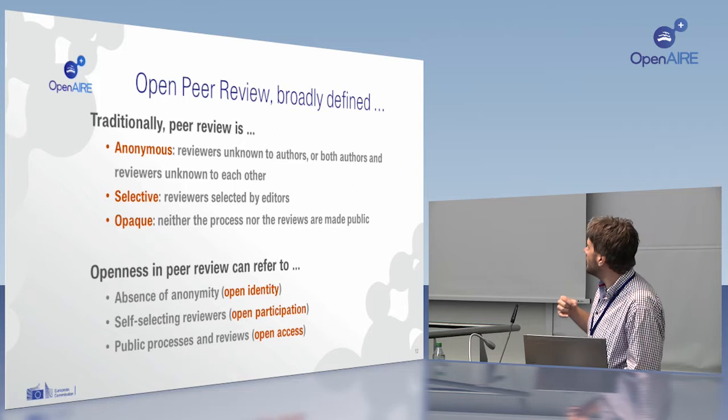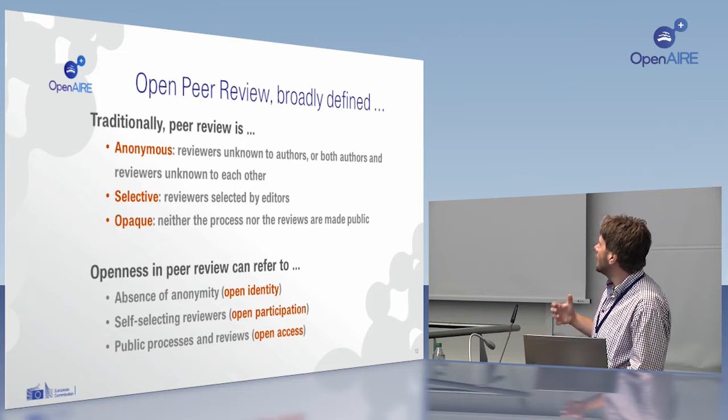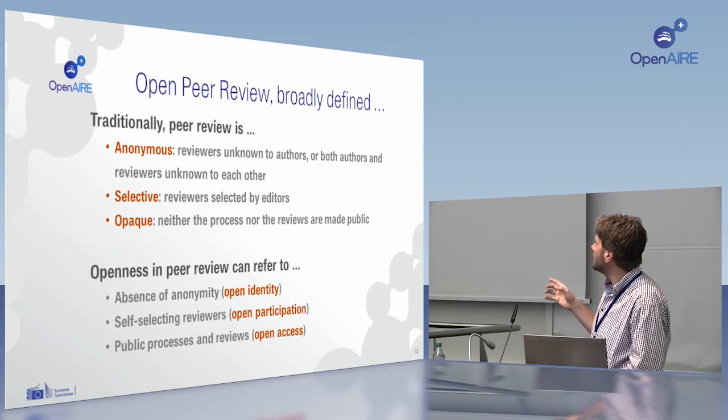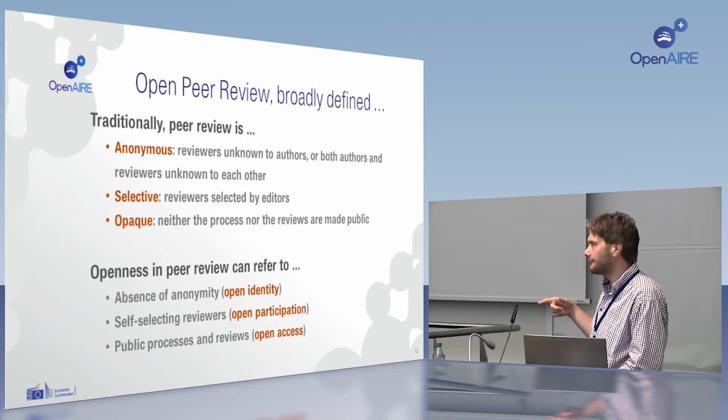And for me, it's an umbrella term. Traditionally peer review is anonymous, at least usually single or double blind. So it's anonymous, and it's selective in that the reviewers are usually selected by editors. And it's opaque in that neither the reviews nor the process are made public.